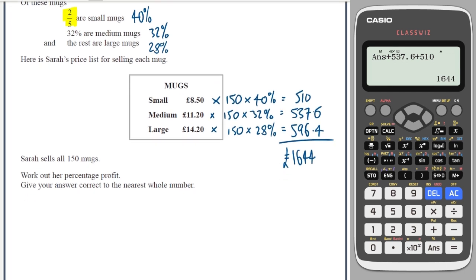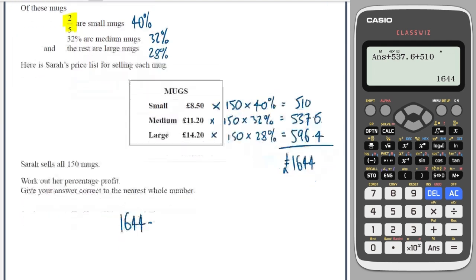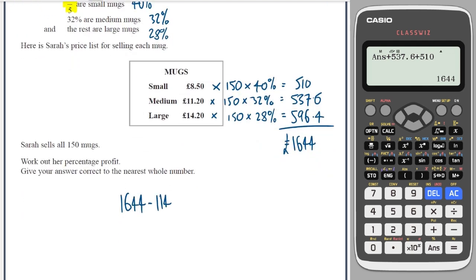So the percentage profit is how much money she made, take away how much it cost, which is 1140, divided by how much she started with, or how much it cost, which was 1140. And then of course multiply that by 100 to get it as a percentage.